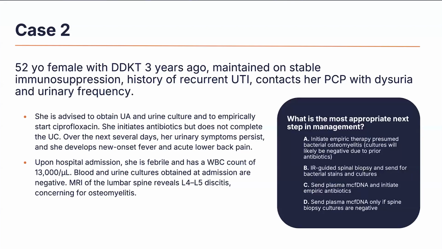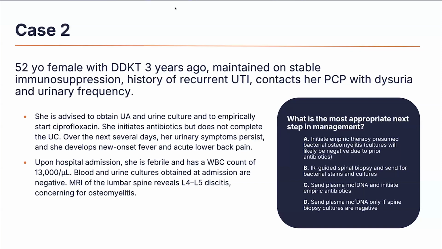So in this patient who has had recurrent UTIs and frequent courses of antibiotics, and now comes with a suspected spine infection, what would you do? Initiate empiric antibiotics, thinking that the history fits with bacterial osteomyelitis and you're not going to have positive cultures because of prior antibiotics?